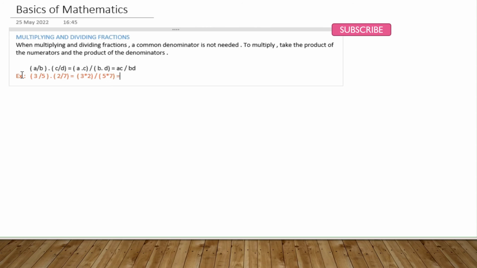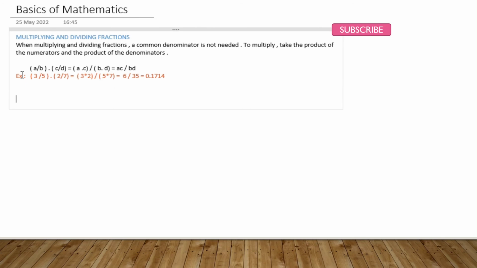So finally we get 6 divided by 35. If you want it in decimals, it is equal to 0.17. This is about the multiplication example.